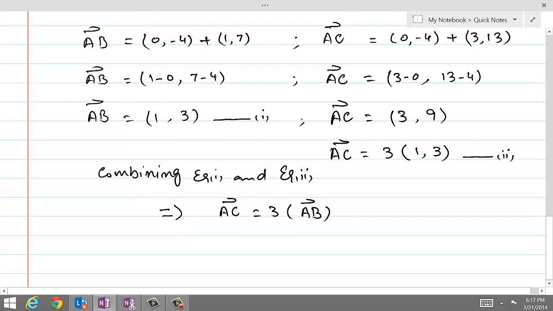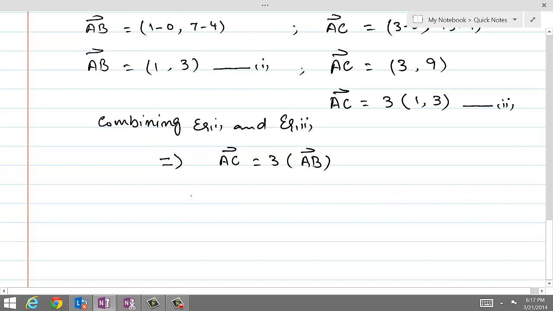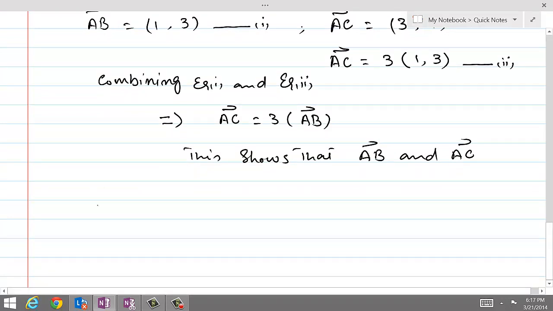So this shows that the AB vector and AC vector are collinear vectors, because they perfectly fit into the definition of collinear vectors.